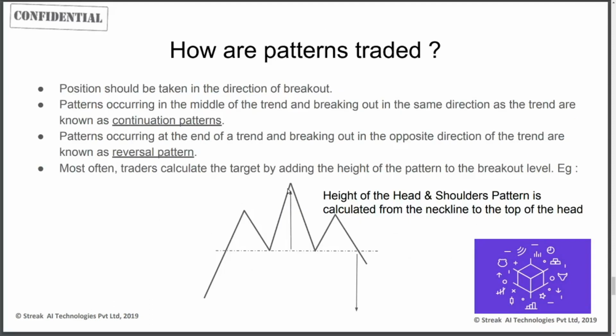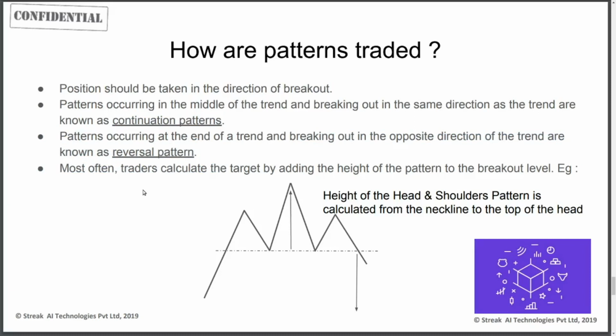So let's move to the next slide. How are patterns traded? Patterns should be taken in the direction of the breakout. Patterns occurring in the middle of the trend and breaking out in the same direction as the trend are called continuation patterns, as explained earlier. Patterns occurring at the end of a trend and breaking out in the opposite direction of the trend are called reversal patterns.